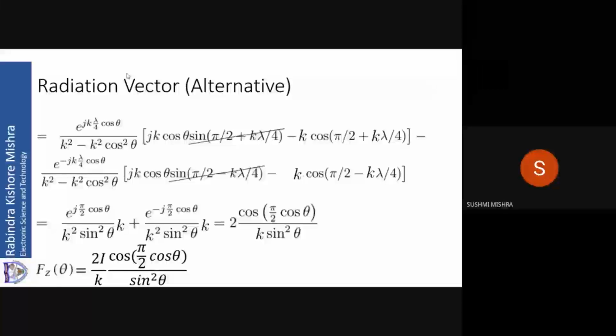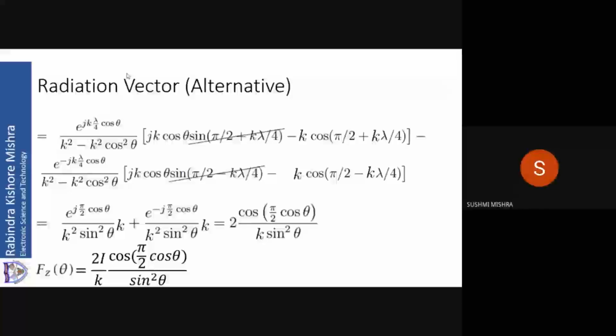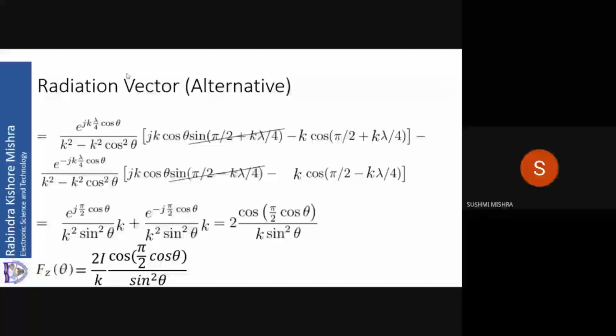e to the power j pi by 2 cos theta divided by k square sine square theta into k, plus e to the power minus j pi by 2 cos theta divided by k square sine square theta into k. Right? In the numerator there is a k, in the denominator there is a k square in both the terms.